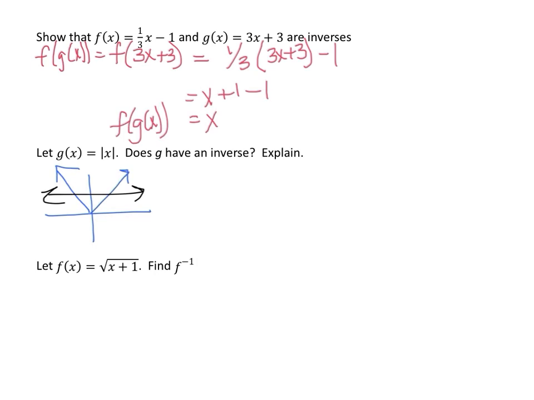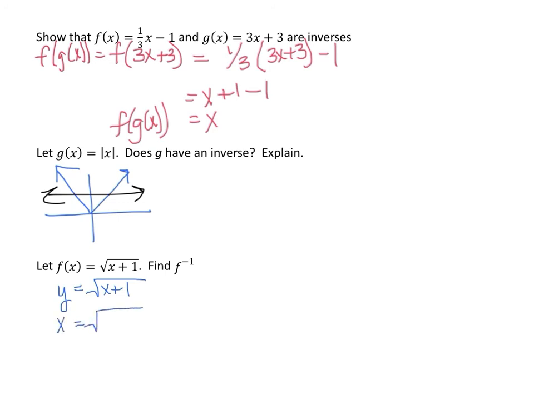Now, the most important thing is being able to find the inverse of a function. So I'm given this function f of x is equal to the square root of the quantity x plus 1, and I need to find the inverse. So what you need to do, change f of x into y. Now remember what I showed you on those graphs, how x's and y's switch places?